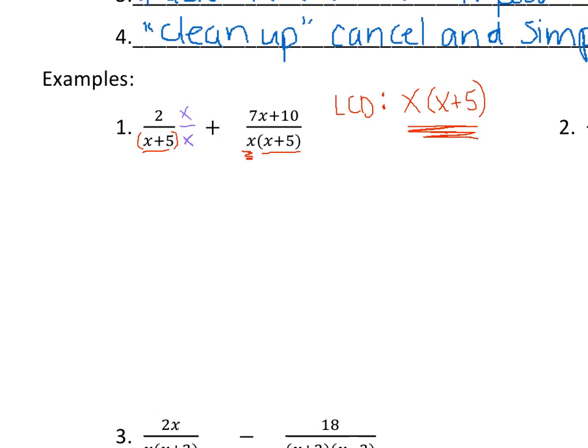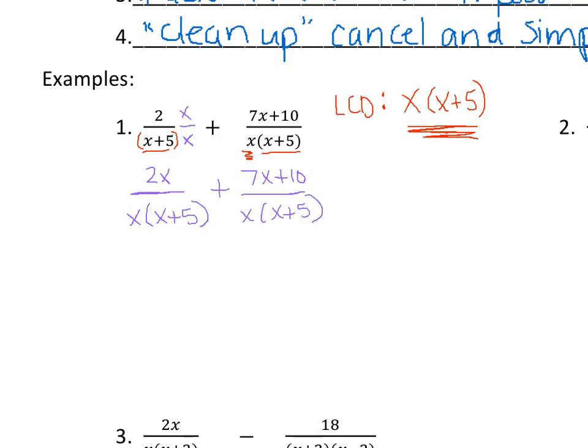Now in this denominator right here, we already have x times x plus 5, so I don't have to multiply anything there. So what am I going to have here? I'm going to have 2x over x times x plus 5. And over here, since it didn't change, I'm just going to have the same thing, 7x plus 10 over x times x plus 5.